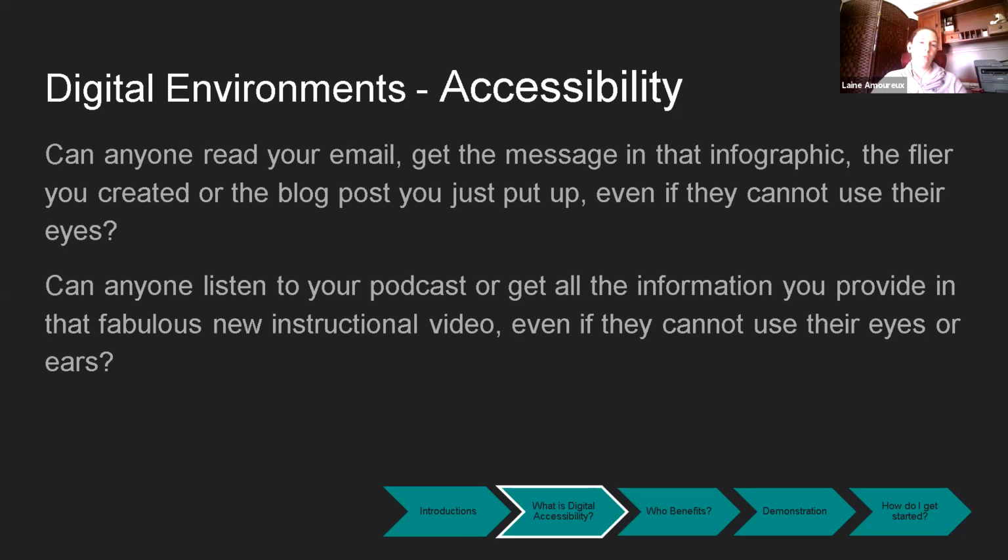If I were in a really busy environment, like most of us are now because our kids are at home a lot of the time, or we have crazy pets like at my house, there's a lot going on in our environments. And would someone be able to hear that podcast or hear all of the details in a video? Just a few of the considerations when we talk about digital accessibility.